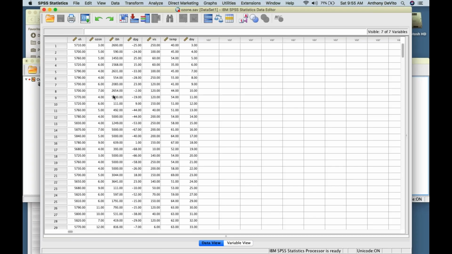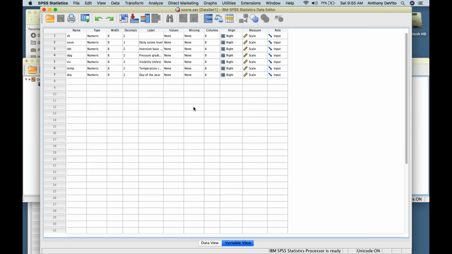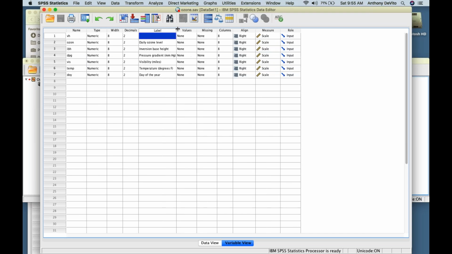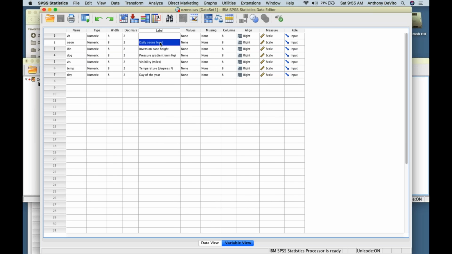Okay, so here we go. Let's see what we have here. I'm not sure what VH is. Let's see if we can get to the variable view. They don't define it here in the label, so I'm going to ignore it for our purposes. But ozone is the daily ozone level. Inversion base height is a weather measurement.